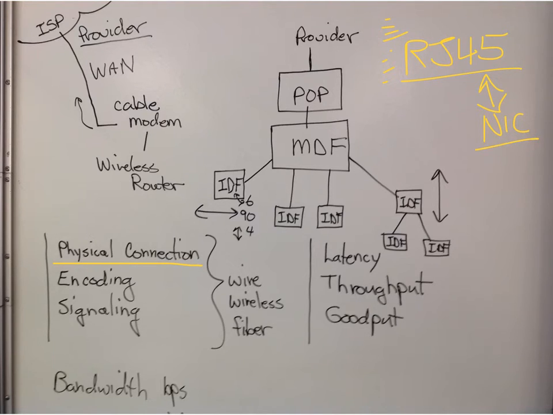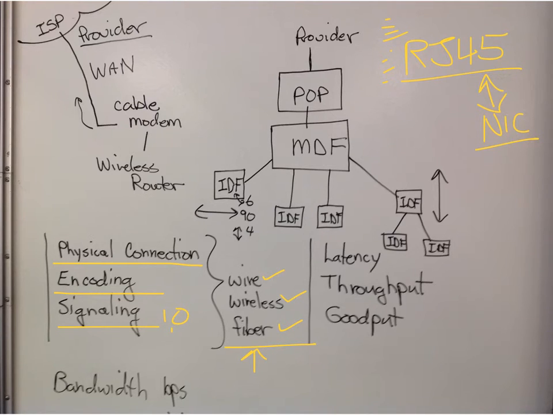More of that on Wednesday. Some form of encoding: the information is encoded, like using Manchester encoding, and then signals. How does that coding represent ones and zeros? And what do we send across? Wire, wireless, or fiber. And we go into the details of those on Wednesday.